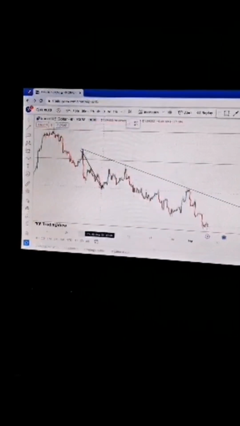From what I'm seeing right now, we have a series of lower highs and lower lows. That's what forms our downtrend. So let's start from right here. That was our high. Let me change the color so that you guys can see it properly. I'm just going to draw down how I see this and how it's moving.